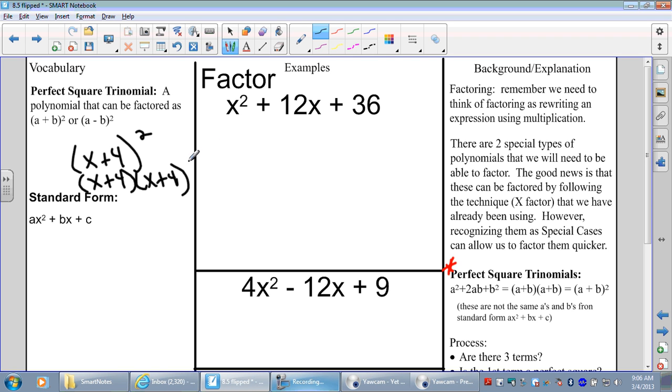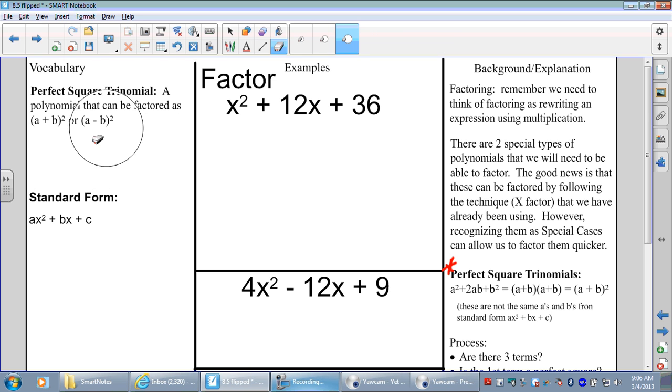Now, what we're going to try and do with these perfect square trinomials is, it's a polynomial that can be factored as something squared. We're going to try and end up with 2 terms in here, but this whole parentheses being squared. That's what perfect square trinomials can be factored as. So keep that in mind as we get started here.